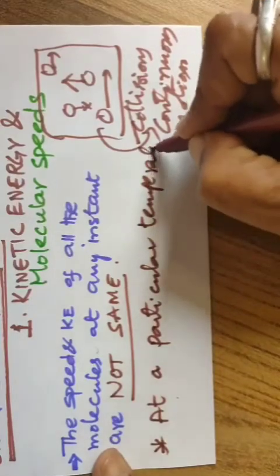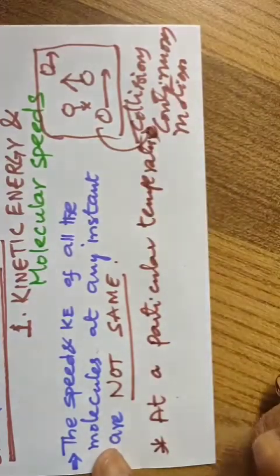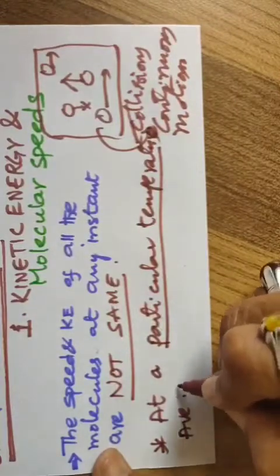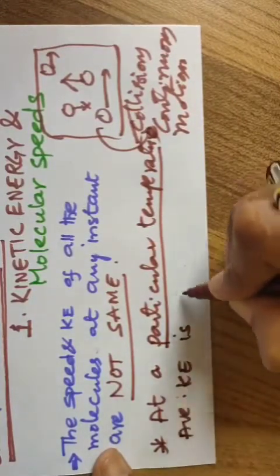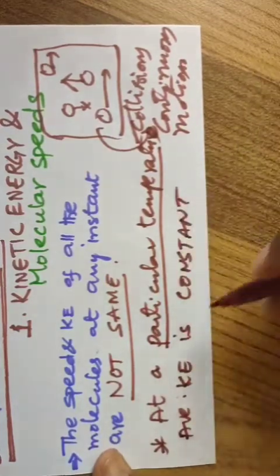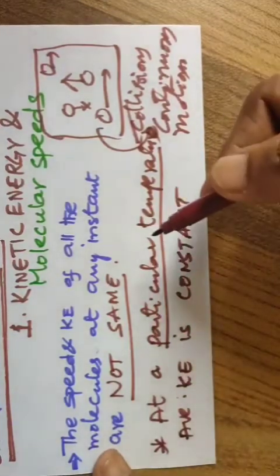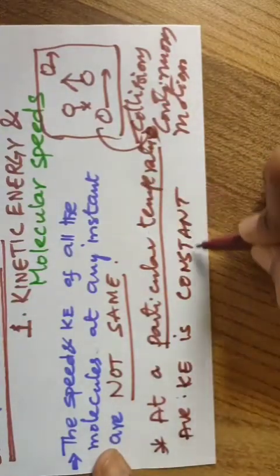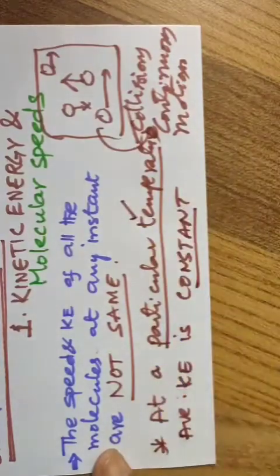This is a very, very important point. Individual particles have different kinetic energy and it keeps changing among the molecules, but the average kinetic energy is constant at a particular temperature. This is a key point.